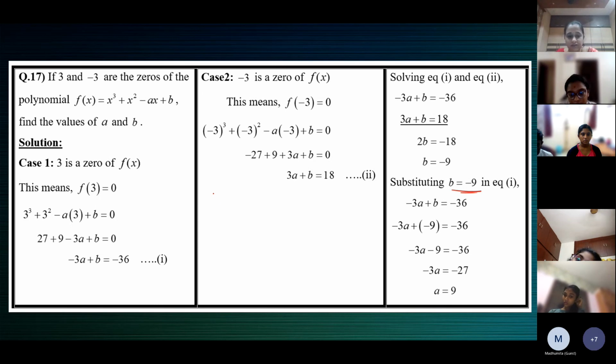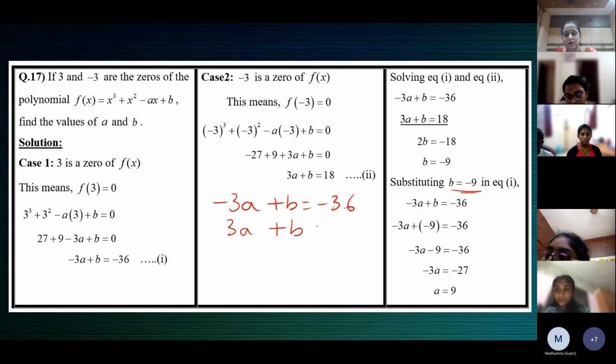See, children, in this case you can also do this. See the equations, 3a plus b is equal to minus 36. Please look at your screen. 3a plus b is equal to 18. You can also change the sign. So what will happen? Minus. What happens here? Minus. What happens here? Minus.